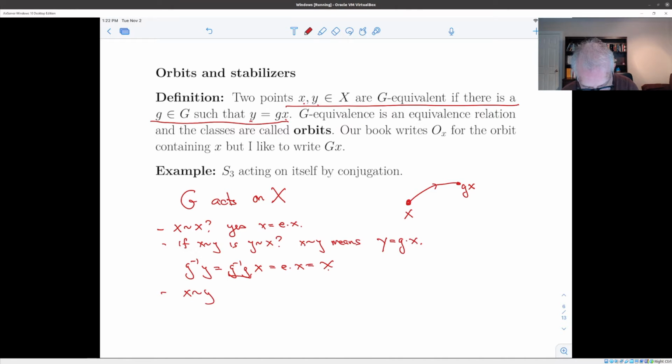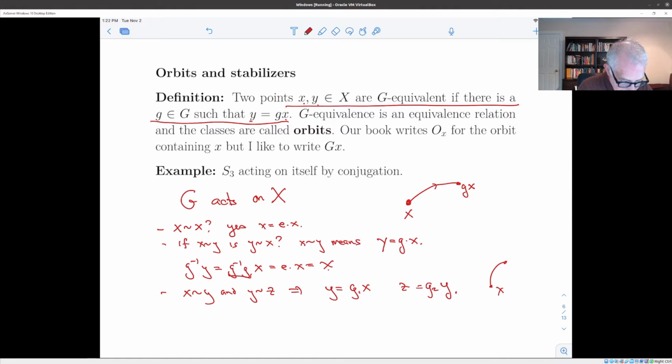And what about transitivity? If X is equivalent to Y and Y is equivalent to Z, then that means that Y is G1X and Z is G2Y. So in my picture here, you can get from X to Y by G1 and from Y to Z by G2.